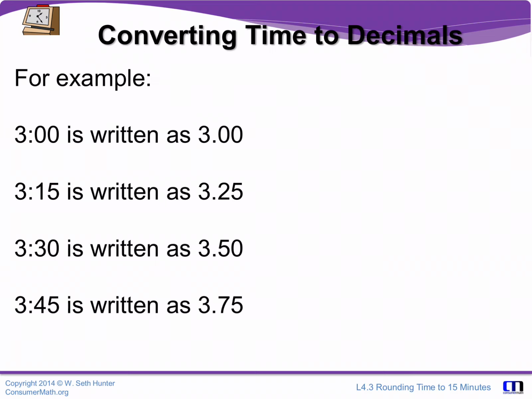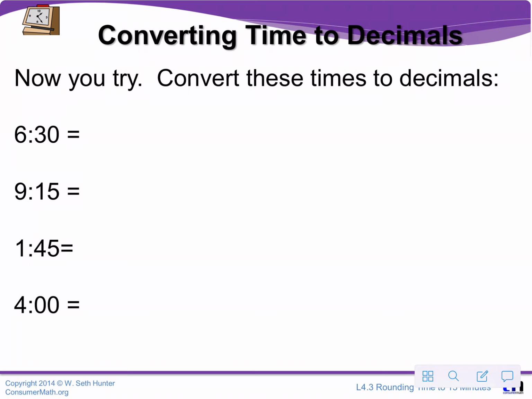For example, 3 o'clock is written as 3.00, 3:15 is written as 3.25, 3:30 is written as 3.5, and 3:45 is written as 3.75.